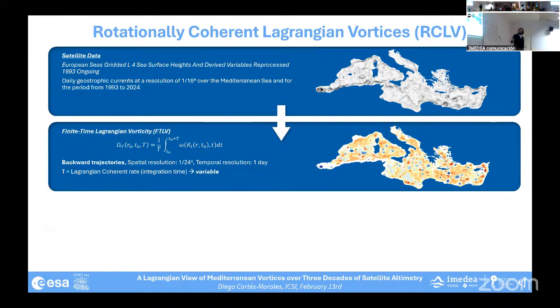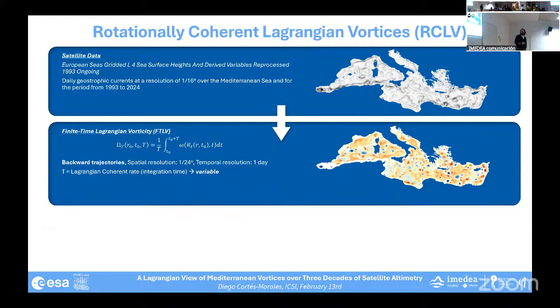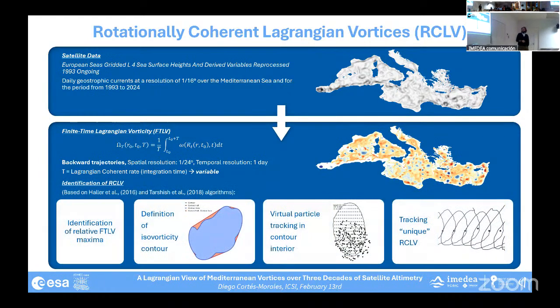Once we have these maps, we identify the coherent structures. We have a somewhat complex algorithm, but it can be explained simply: it is the identification of relative maxima of Lagrangian vorticity.